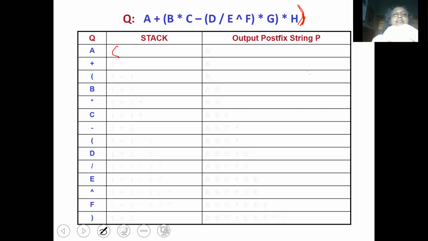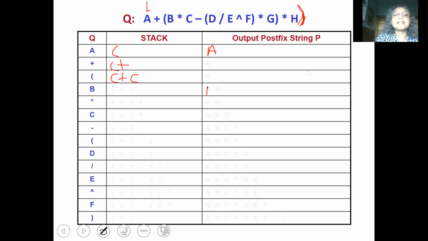So we will first look at A. We put A in the output. We put plus into the stack, and then we get a left parenthesis. Left parenthesis we put into the stack. Then we get a B.